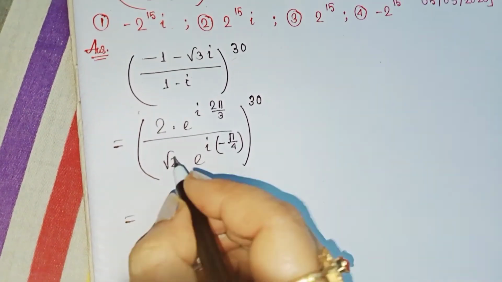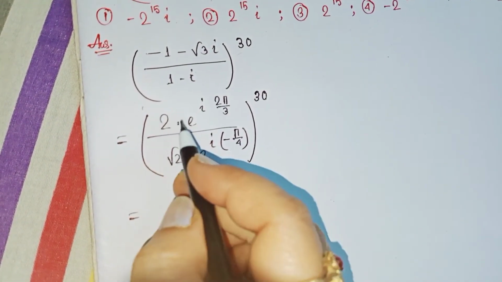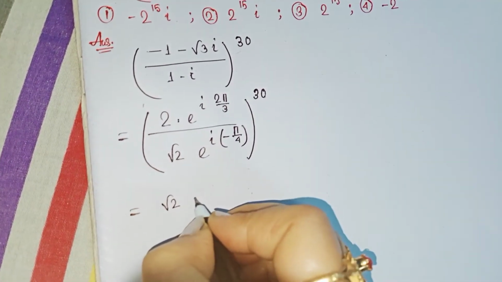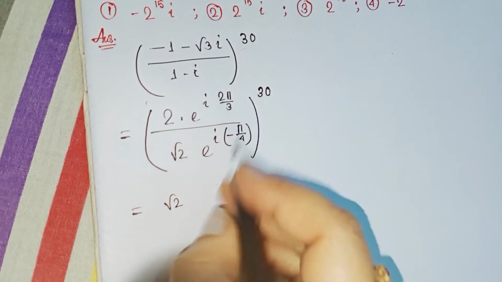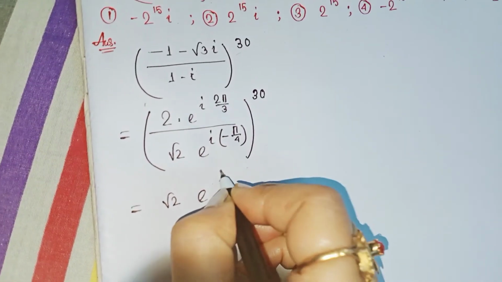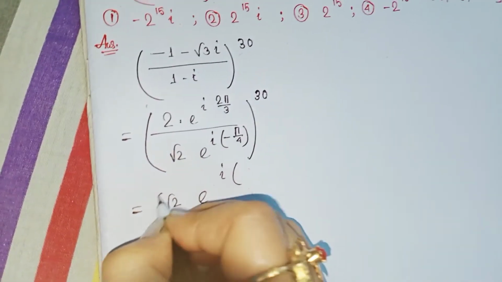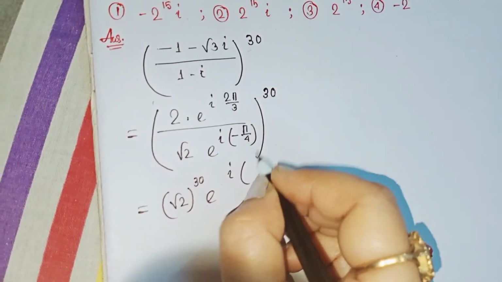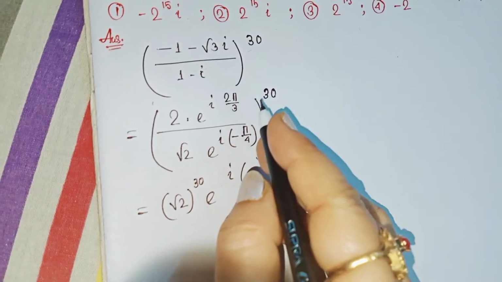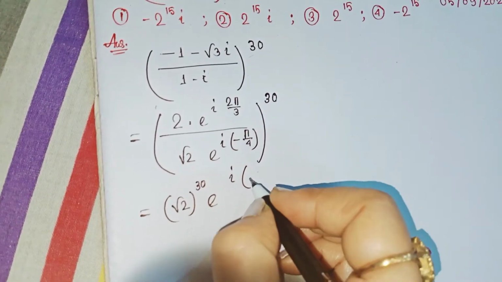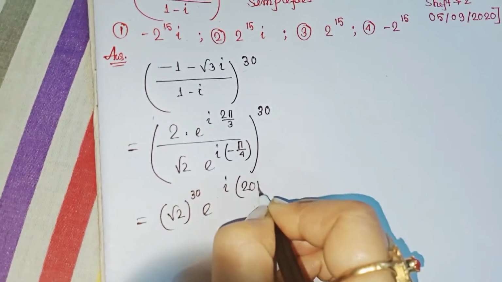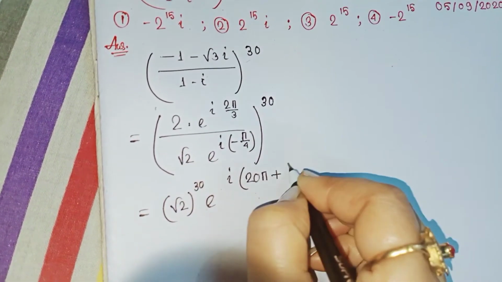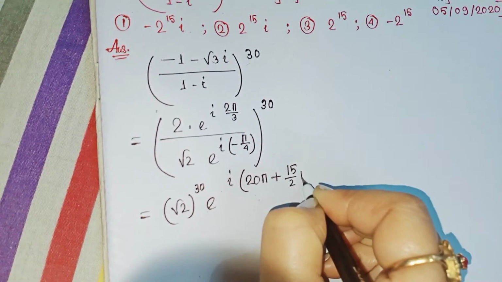Now that is equal to √2, and it is cancelled out by √2, and it becomes e to the power i into 30 multiplied, and then we get 20π plus 15 by 2 into π.